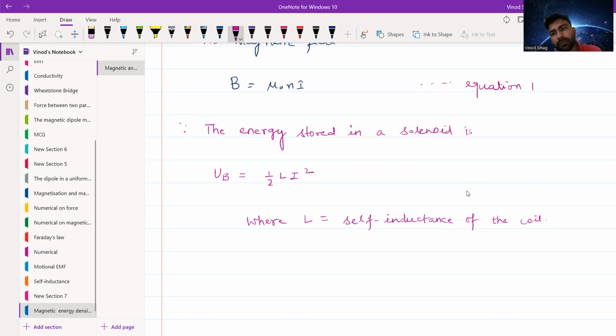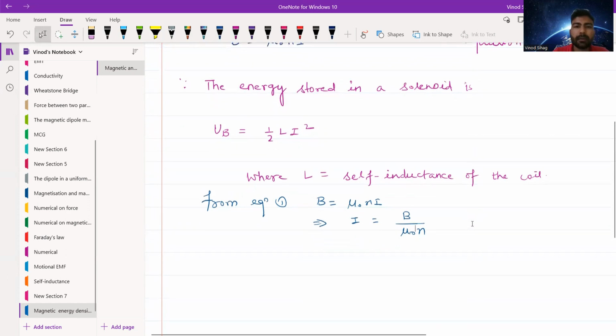So from equation one, we can write B equals mu naught n I. Therefore, I will be B upon mu naught n. This will be the equation of I.